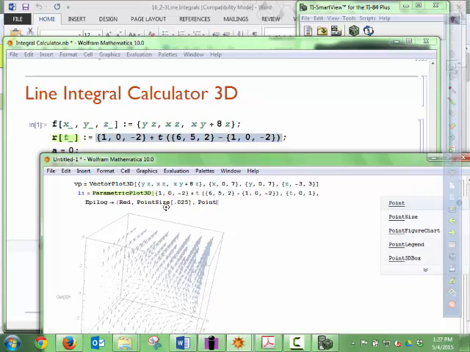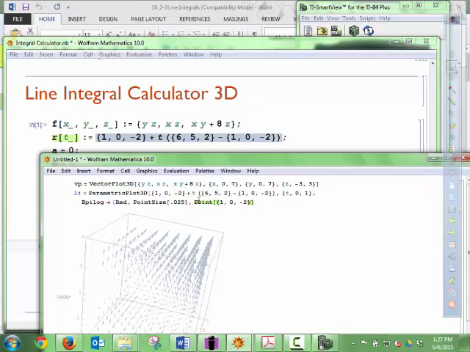And then the points are at 1, 0, -2, and 6, 5, 2.